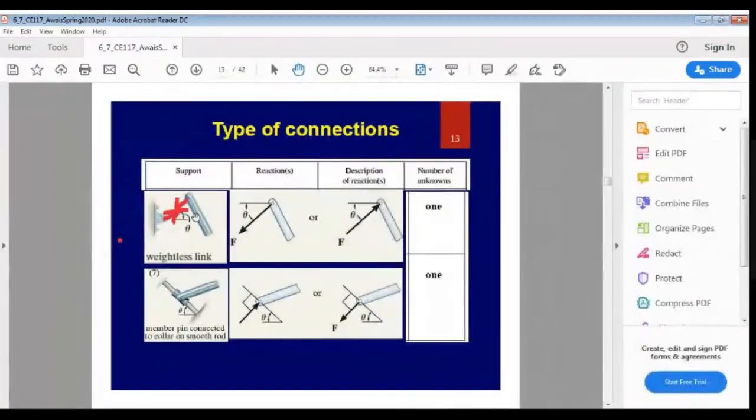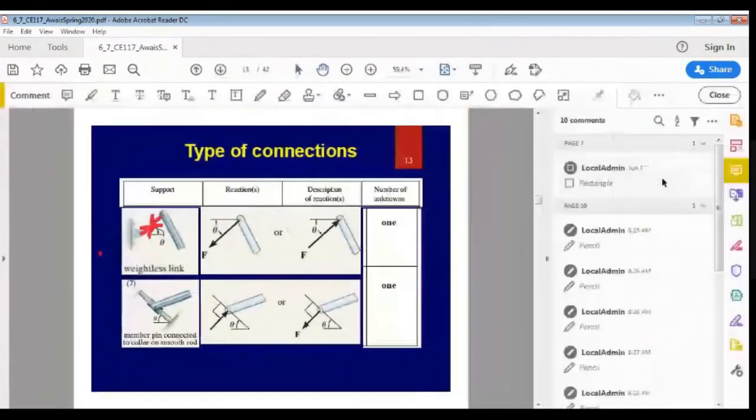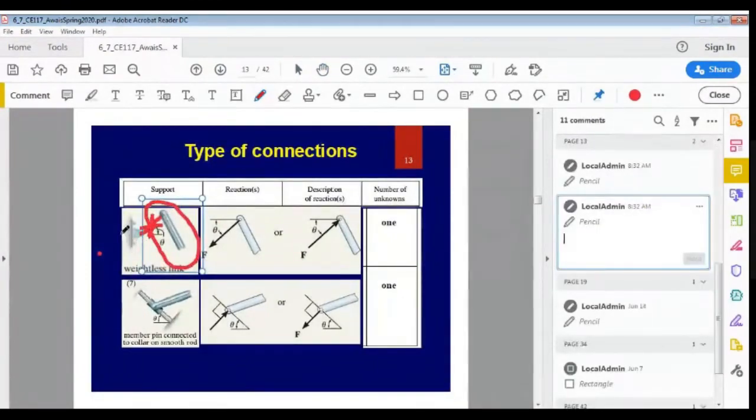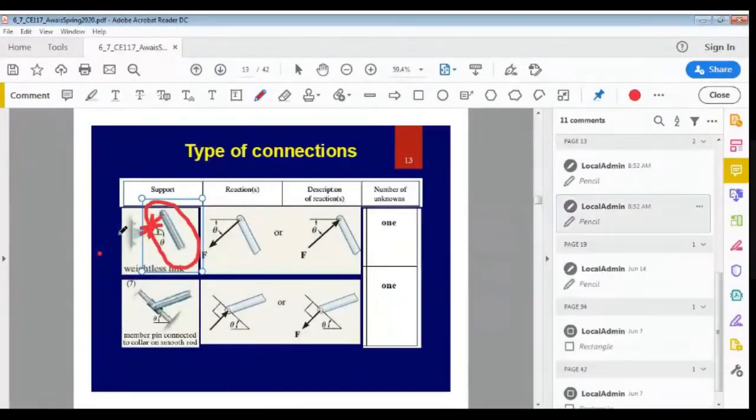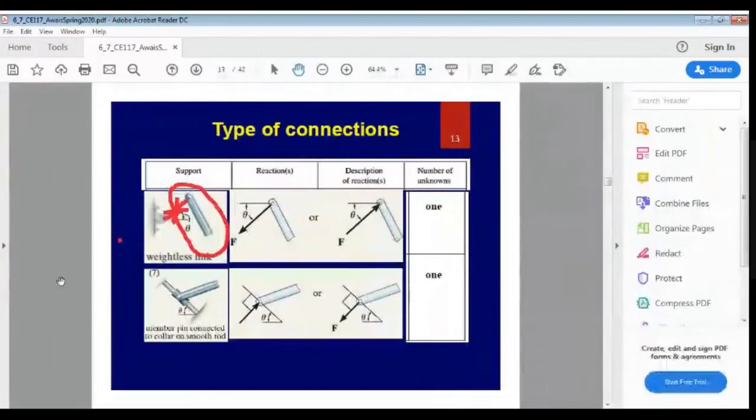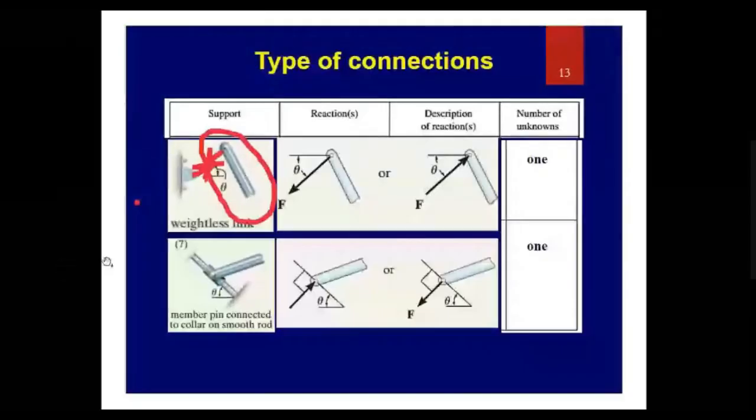If I'm drawing the free body diagram of the bar, I have to show the bar and this force. And if I'm drawing the free body diagram of the support, I have to show the other part. Only this direction of the force is possible when this bar is attached to a cable, but this direction of force is not possible.